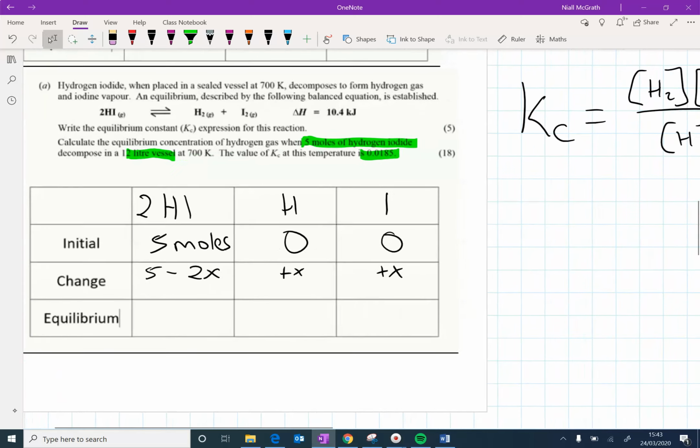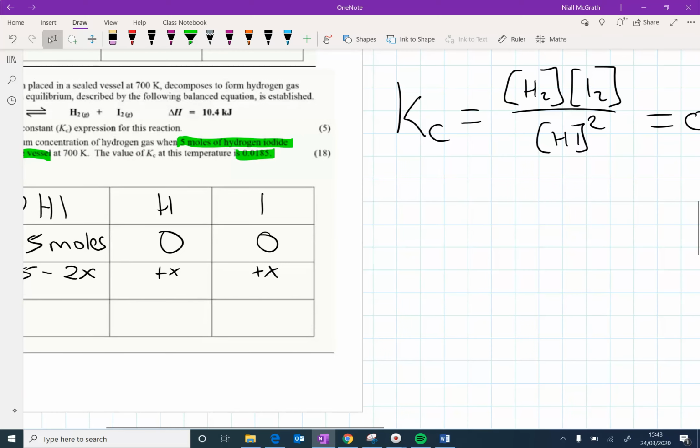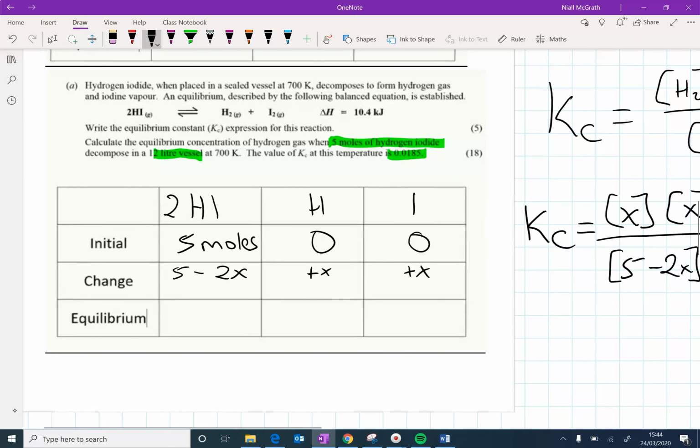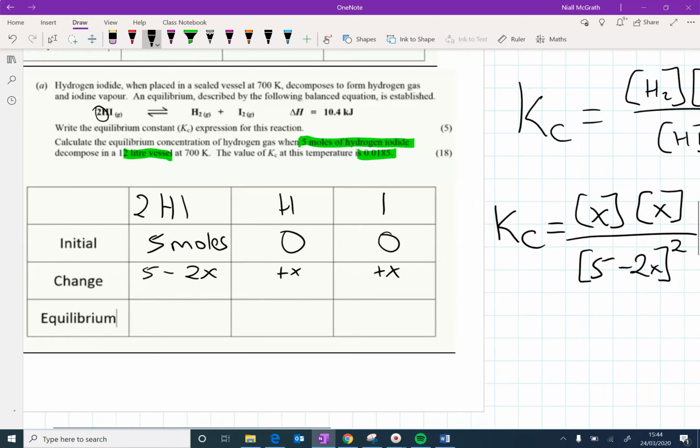So Kc, concentration of hydrogen is x, same for iodine, and then for our hydrogen iodide it's 5 minus 2x, and that's squared. That 2 squared coming from there.